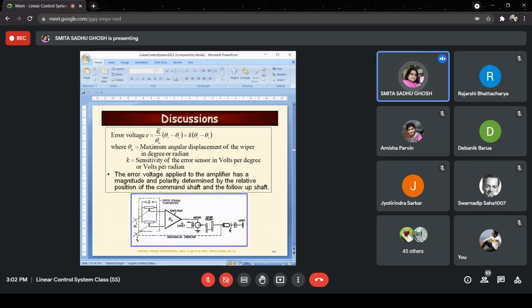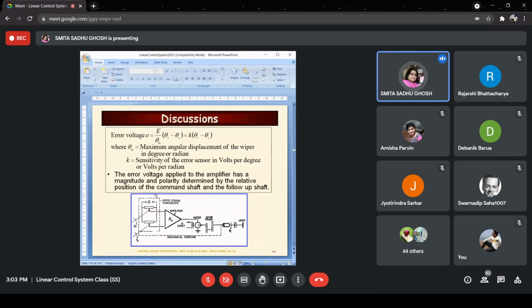So E remains a constant and theta m also remains a constant, as a result of which this can be called a constant, small k. Now, theta m is the maximum angular displacement of the wiper. The pointer, as I have been referring to it, is also sometimes called a wiper. So the same thing is being referred to as a wiper.